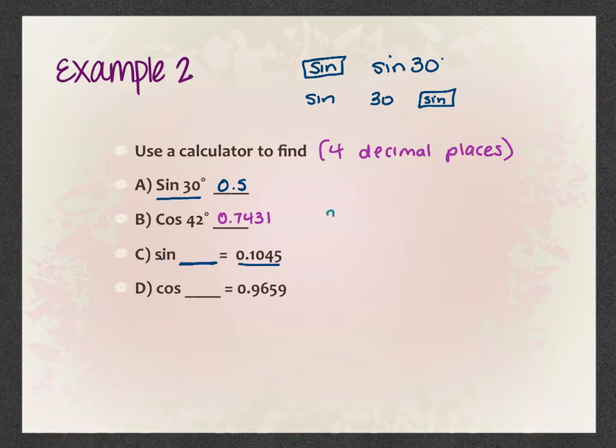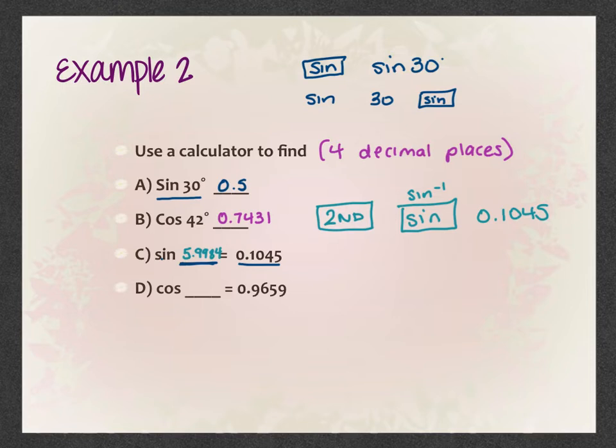So to get there, you're going to hit second, and then you're going to hit sine, and you should see the sine to the -1 above it, and then type 0.1045. Second, sine, 0.1045, and you should get 5.9983. Actually, it's 5.99836, so we're going to do 5.9984.